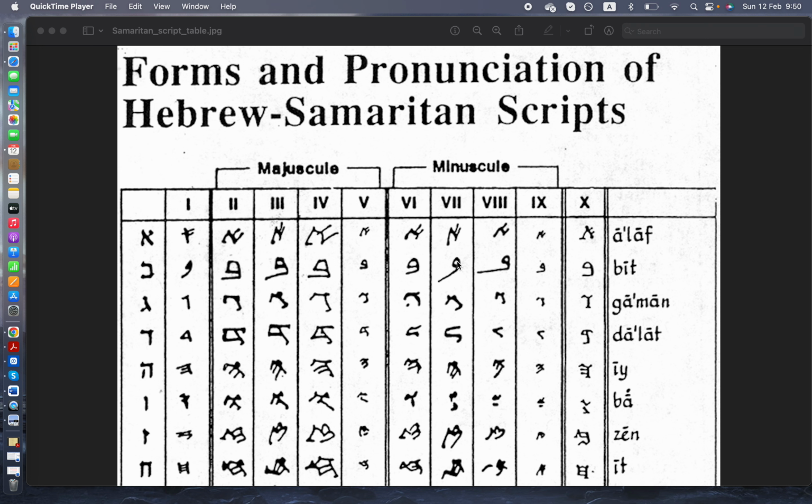But in any case, what happens is the Samaritans eventually break off because of the war with the Judeans, especially because the Judeans, I think it was Yonatan Holkin, one of the Hasmoneans, decided to destroy the temple on Mount Gerizim. In the book of Maccabees, there is a reference to Mount Gerizim in a positive sense.